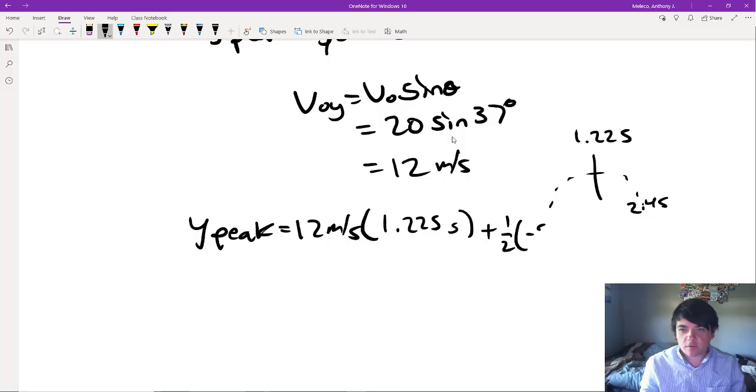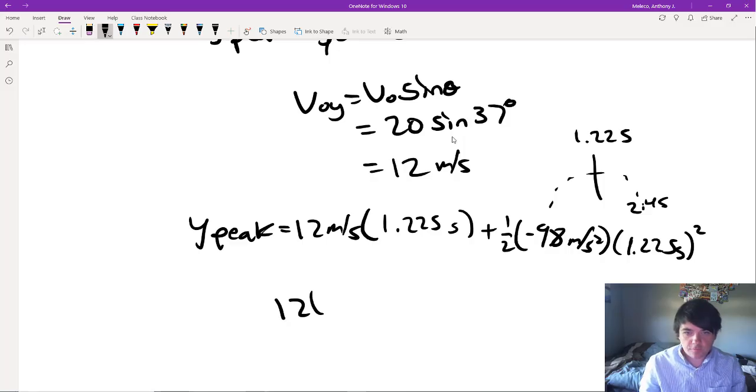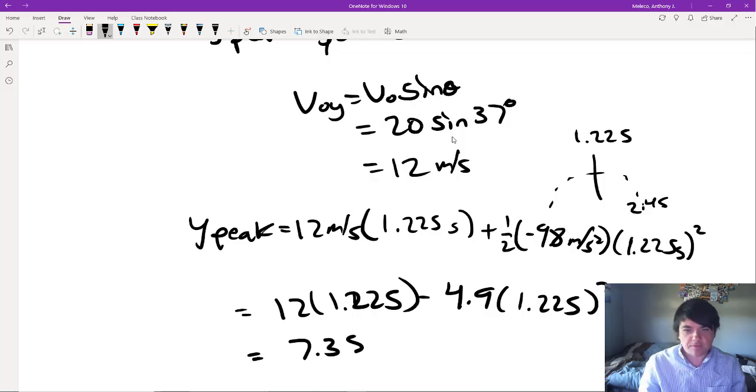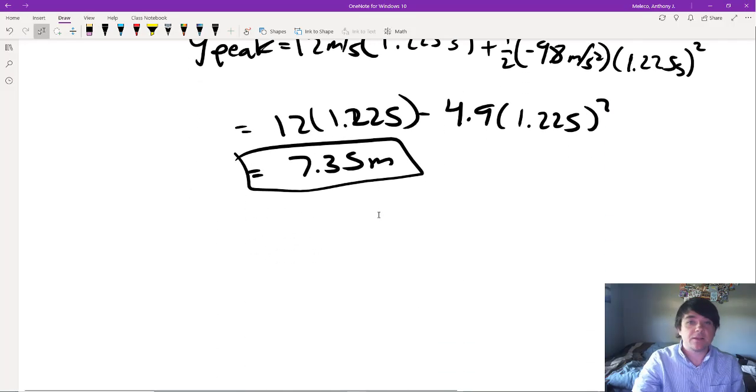Plus 1/2 times minus 9.8 meters per second squared, times our time, which is 1.225 seconds, squared. So this is going to be 12 times 1.225 minus 4.9 times 1.225 squared, and this equals 7.35 meters. And so that's the peak of the motion.